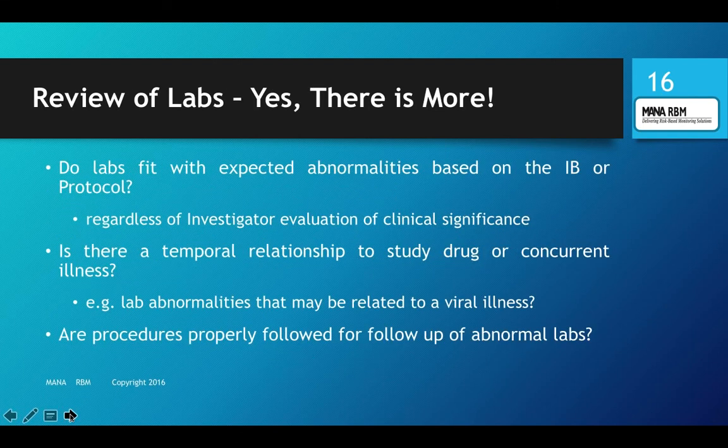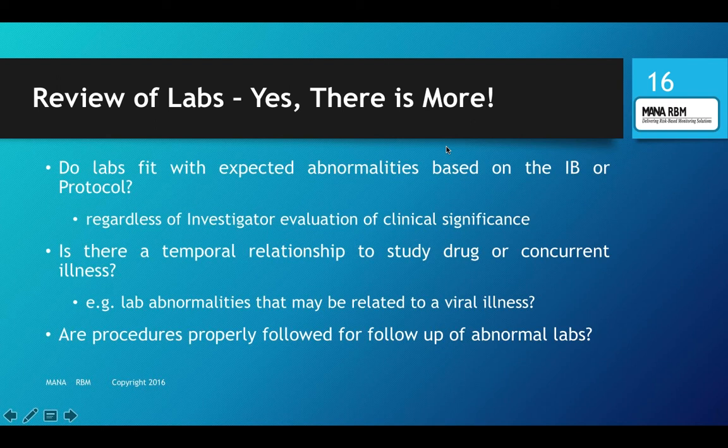So in addition to all of those things, there's more. One of the things you want to be thinking about is, do the labs fit with expected abnormalities based on the IB or the protocol? Regardless of what the investigator says, if it is an expected adverse event, even if they say it's not clinically significant, it needs to be entered as an AE. So you cannot just use the clinical significance by the PI.